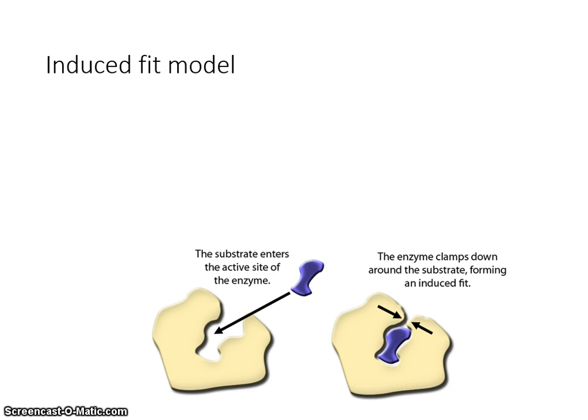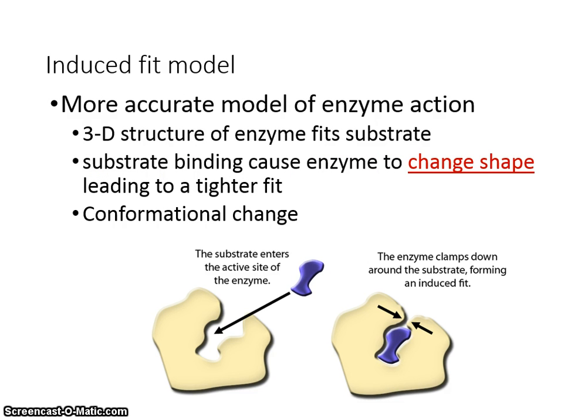There's another model for enzyme action, and it's called the induced fit model. Now this is going to be a little bit more accurate. When you see enzymes in action, what we find is that when the enzyme's active site comes in contact with the substrate, there's actually a slight conformational change. It kind of hugs the substrate.